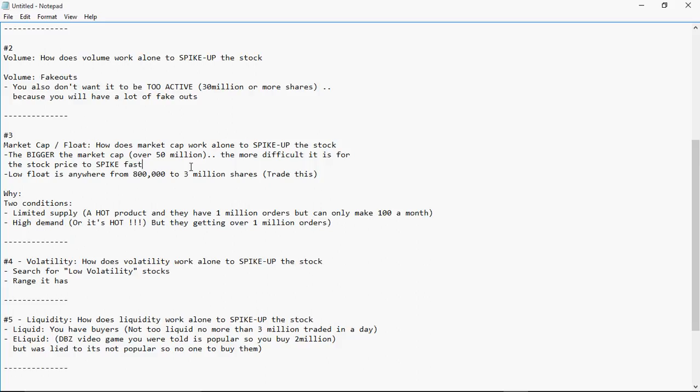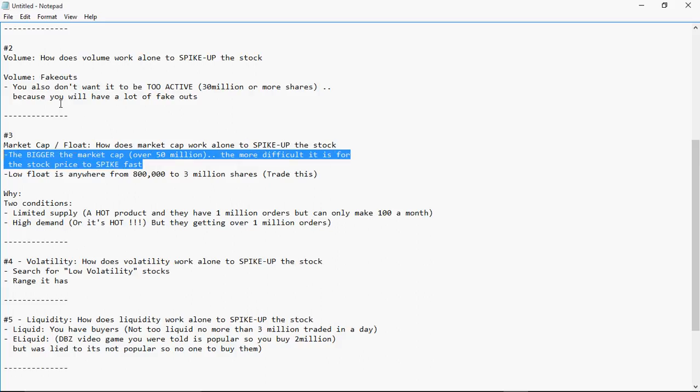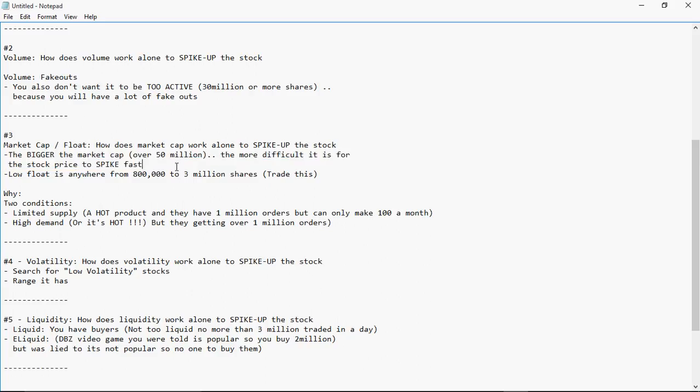You don't want to have to wait a year for the stock to spike up. So you don't want to enter with the right pattern, have the right volume, but the market cap is 500 million, because it's not going to spike fast enough. It might spike to $5, but it might take a year or two to do so.